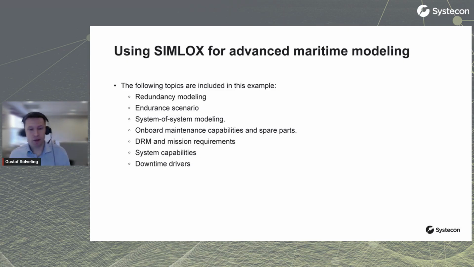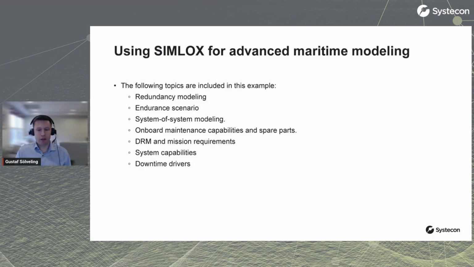Some of the results that we're looking for are, in addition to some of the standard SimLogs results, such as mission performance and system states and reason for unavailability and so forth, we're also going to take a look at system capabilities, tying back to Magnus' presentation about how we can split our larger ship into subsystems, function areas, and so forth.